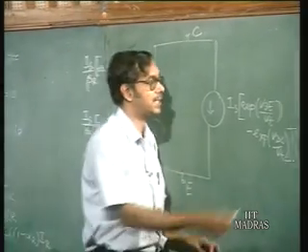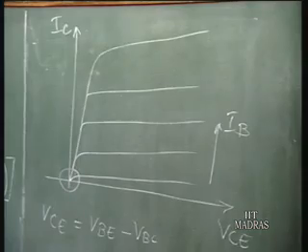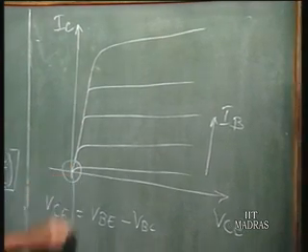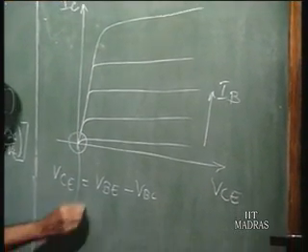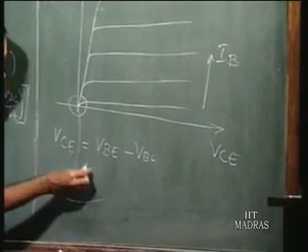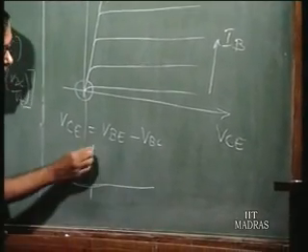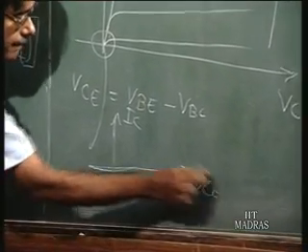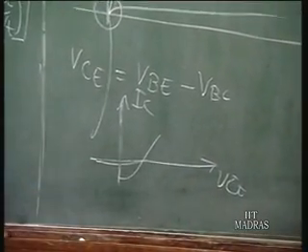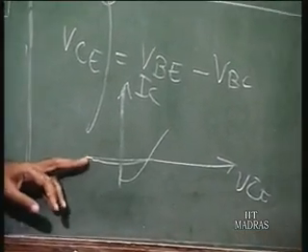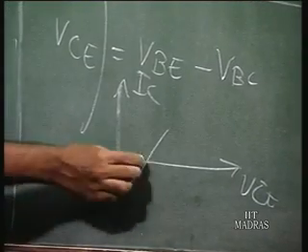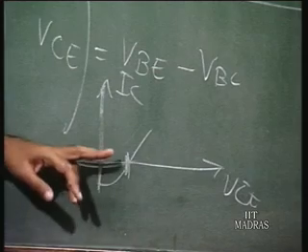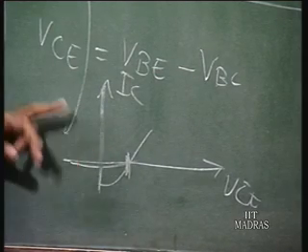If you expand this region for a bipolar transistor, if I draw it here, this is IC, this is VCE, it is actually like this, around the 0 point. This is called the offset voltage, that is the collector emitter voltage at which IC is 0.